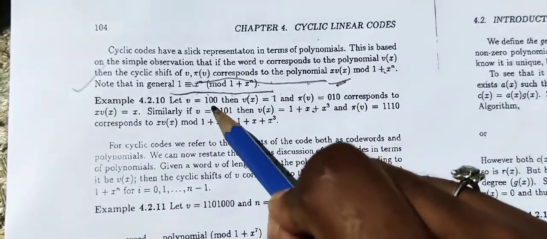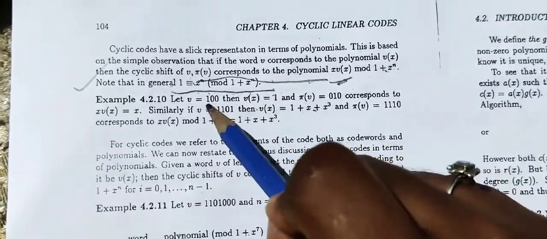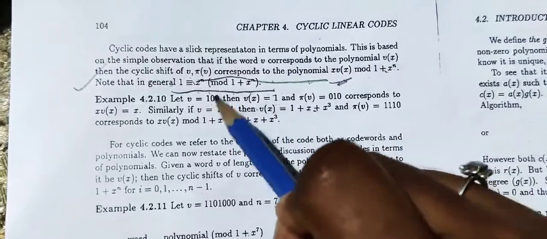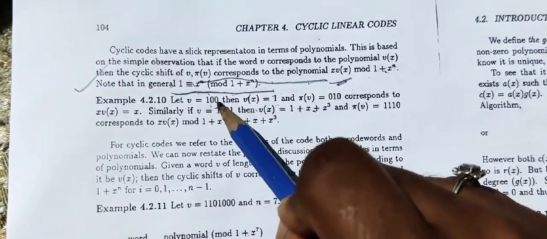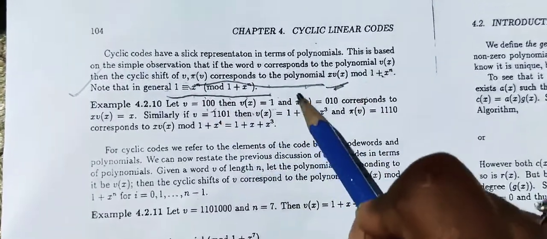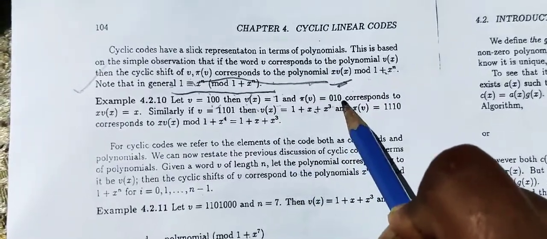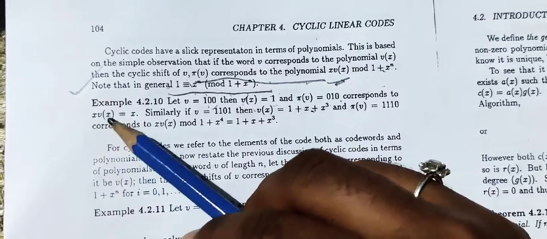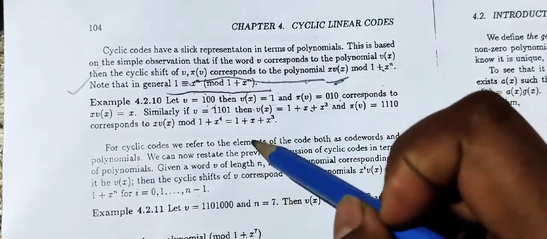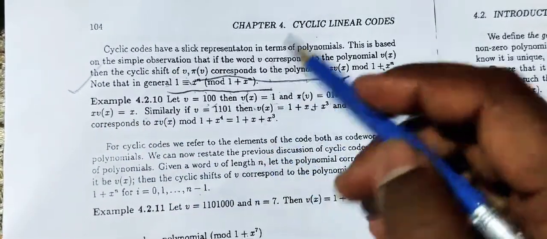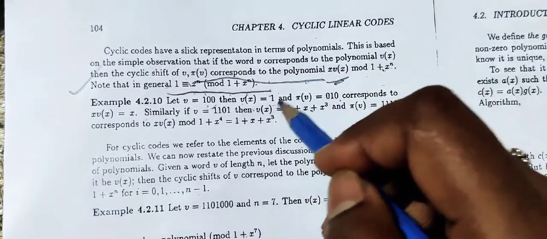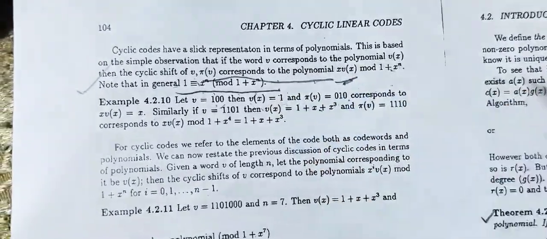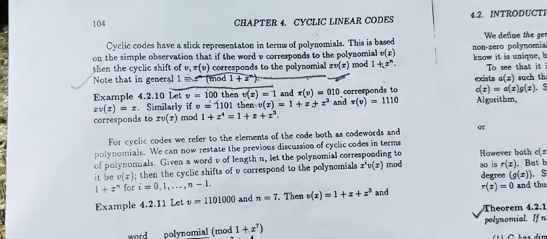So here V is equal to 1 0 0 and V of x is 1. The x coefficient is 0 and the x square coefficient is 0. And pi of V means 0 1 0, corresponding to the polynomial x times V of x, which is x, since V of x is 1.